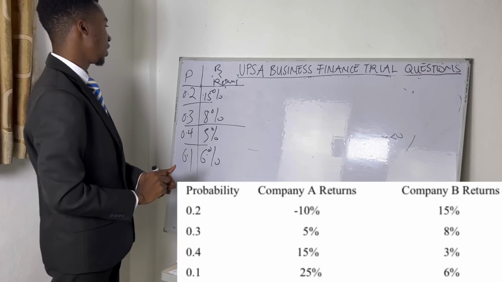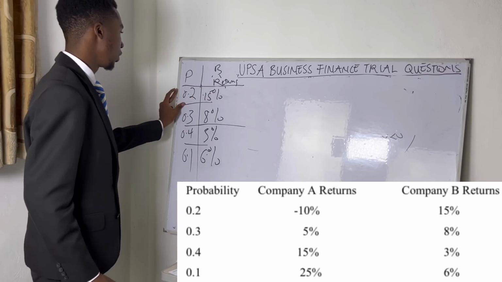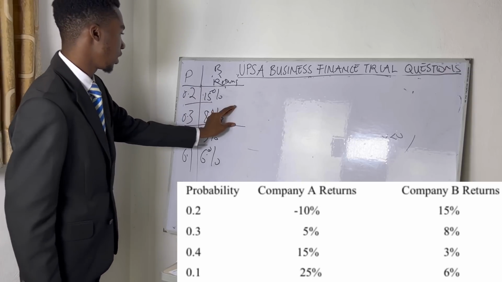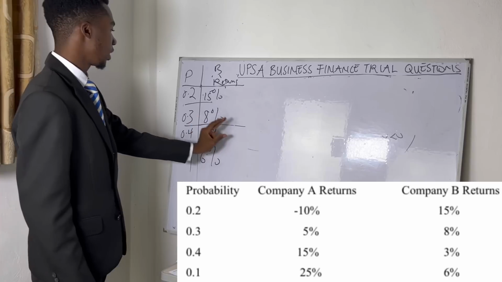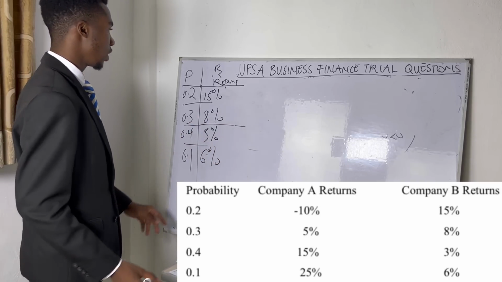And the probability doesn't change, so it's the same for company B as well. That one is going to be 0.2 times 15% plus 0.3 times 8% plus 0.4 times 3% plus 0.1 times 6%.